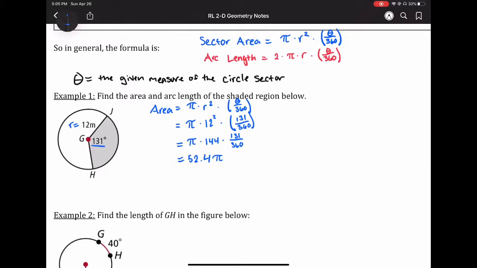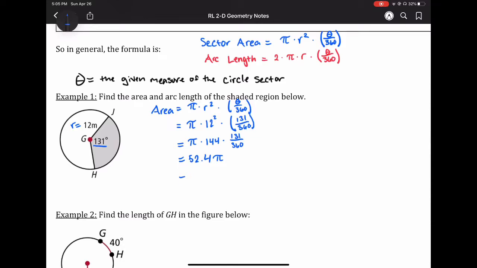52.4 times pi. If you remember from before, if you're leaving your answer in pi form, this is where we would be done. In general, we want to use decimals, and we're going to use 2 decimal points. So we're going to go ahead and multiply that out. 52.4 times pi is equal to 164.62 approximately.